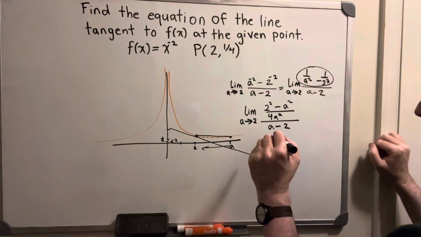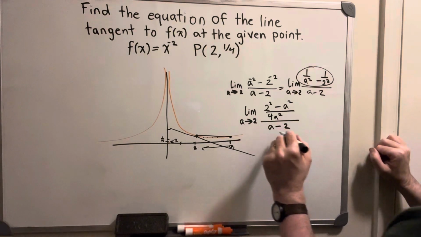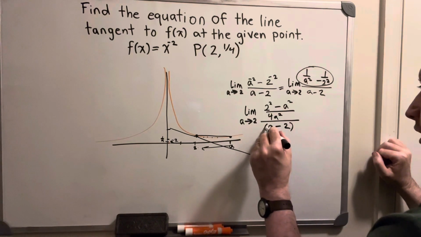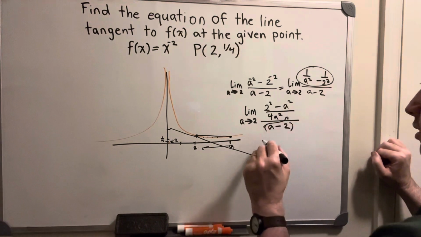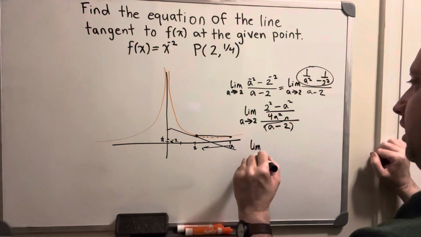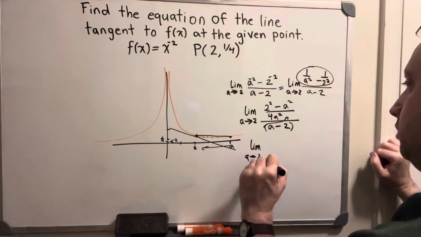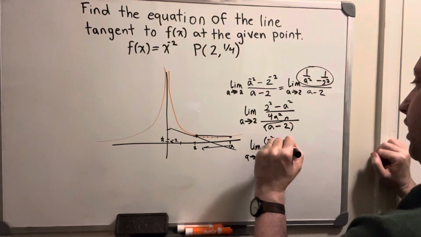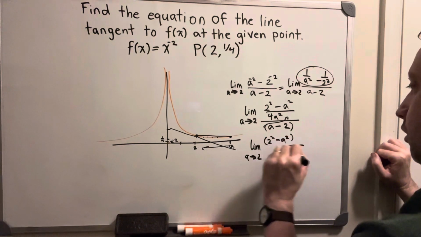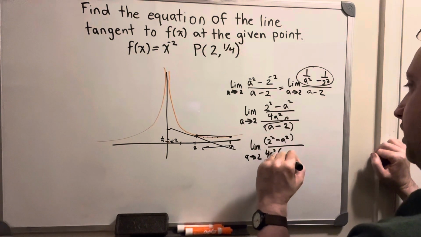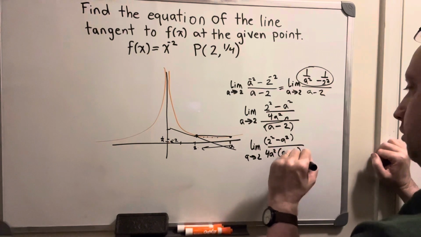This may look very messy at this point, but we can bring this up into the denominator right here. So this is the limit as a approaches 2 of 2 squared minus a squared over 4a squared times a minus 2.